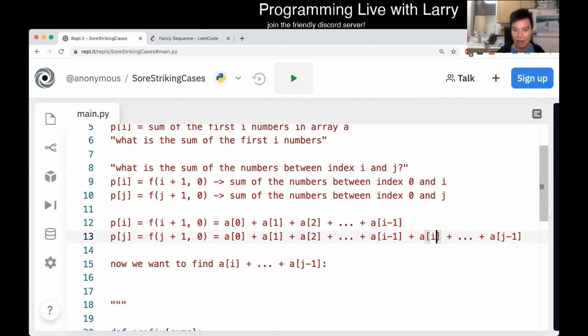So now this is just equal to f sub j plus 1, i plus 1. Well, I had a weird off by 1 here, but maybe I'm a little bit off by 1, but that's the general idea.